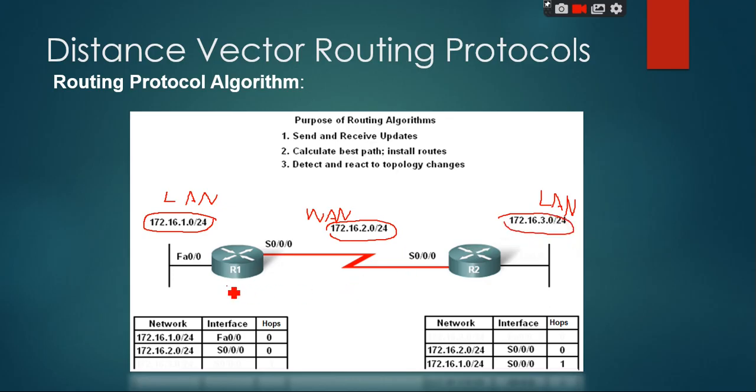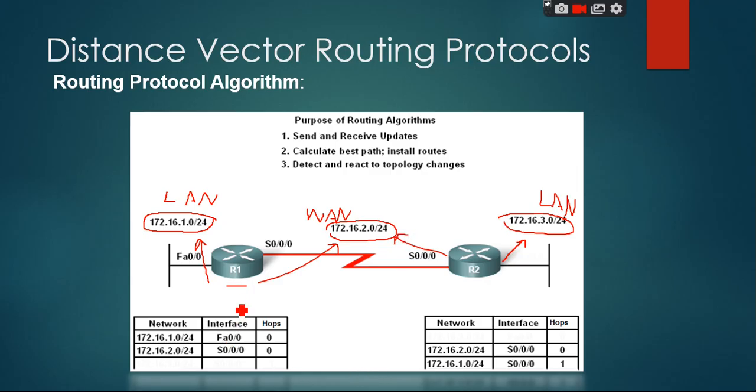Now if you consider, R1 has two directly connected networks, which is this one, the LAN, and the WAN. And R2 also has two directly connected networks, which is its own LAN and the WAN.